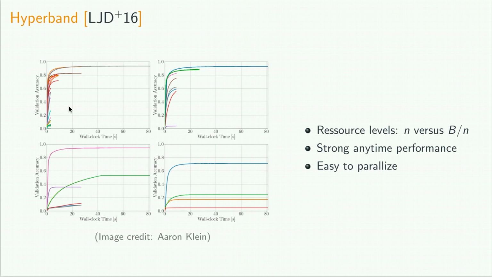So here we have three rates of stopping configurations. The first one is the most aggressive one, here we have a bit less aggressive, and then not aggressive, where we don't really stop. For every group of configurations we consume the same amount of resources.